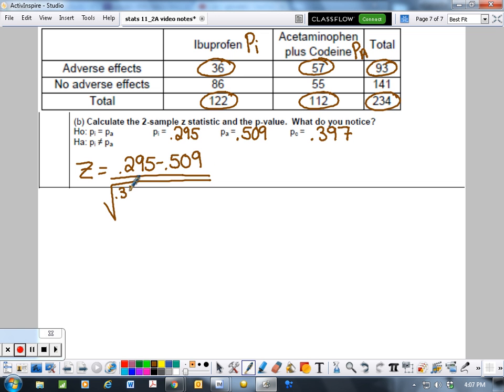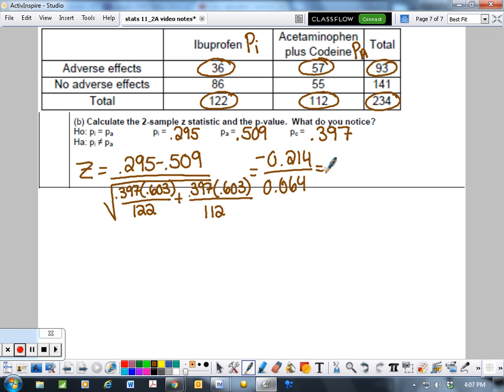So 0.397 times 0.603 over my first sample size plus 0.397 times 0.603 divided by my second sample size, which gives us a value of negative 0.214 over 0.064, which gives us a z-value of negative 3.34.